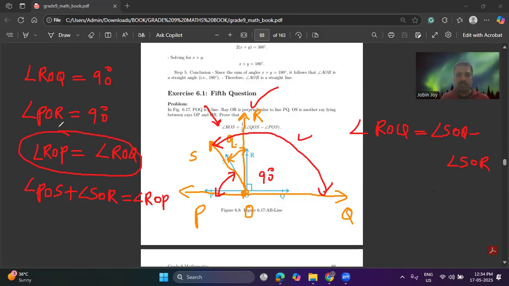We have all the values. So I can write like this. What is ROP? Angle POS plus angle SOR.